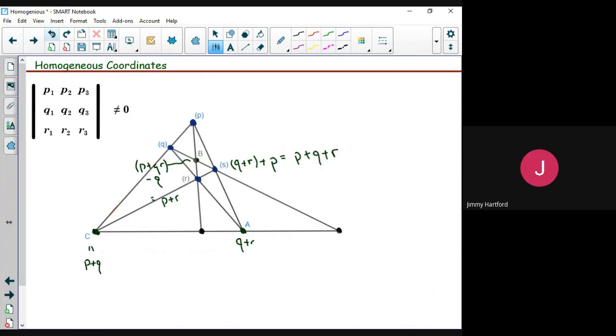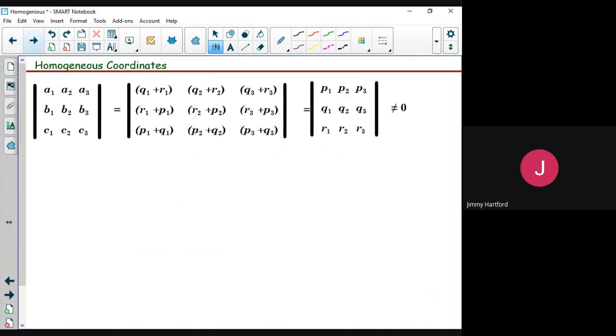If it's not 0, then the points are not collinear. So here's that matrix. This is A, this is B, this is C. And we've established that A is just Q plus R, B is just P plus R, and that C is P plus Q.